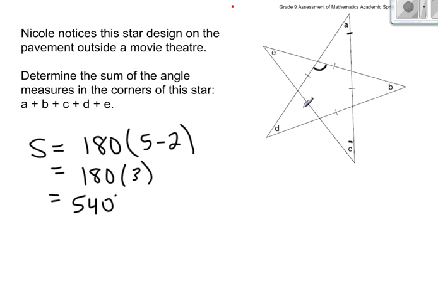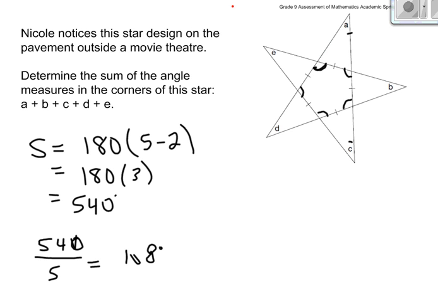Now, because it's a regular polygon, I can just divide that into 5 equal pieces, and that'll tell me that each angle is 108 degrees. So this is 108 degrees, this is 108 degrees, 108, 108, and of course this is 108.